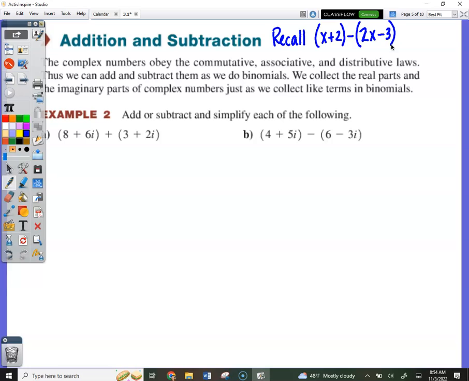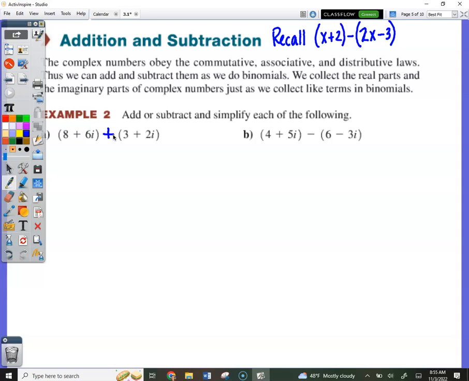So like right here, focus on what's in between. Don't let the parentheses make you think it's multiplication. The multiplication of parentheses is only when they're touching, like a binomial times a binomial, that's multiplication. The parentheses here are just letting you know, here's a complex number, here's a complex number, add them together.